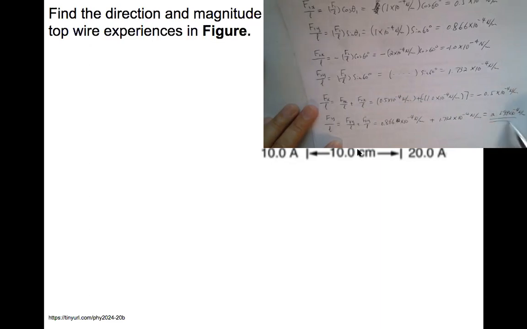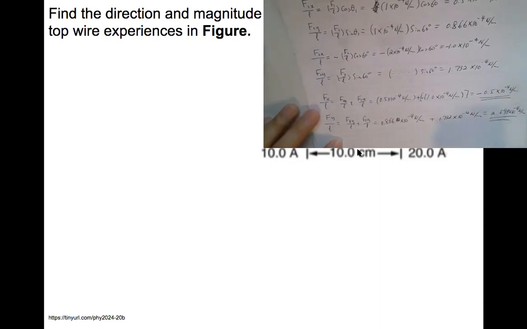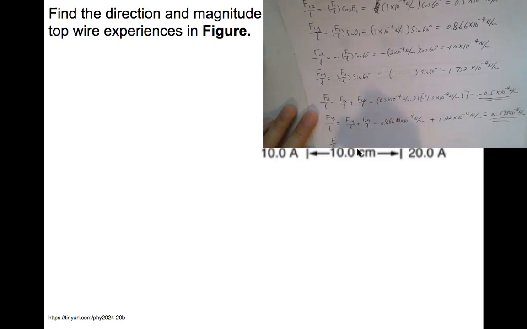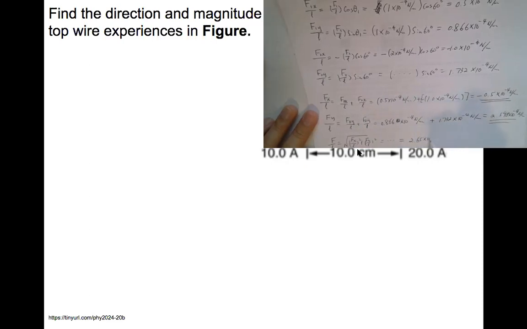Now you have its x component and y component. So the magnitude will be the square root of the x component squared plus the y component squared. You plug in the numbers; I'm going to just tell you the final answer: 2.65 times 10 to the minus 4.